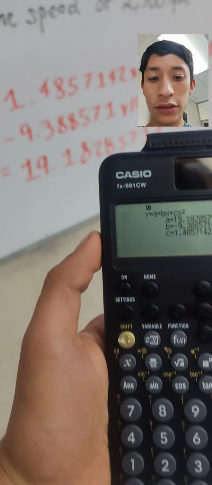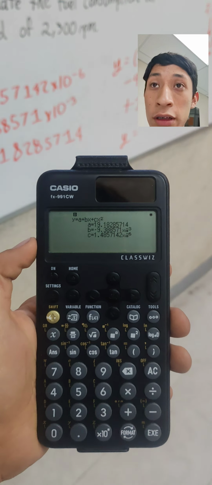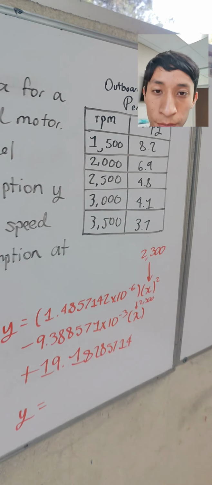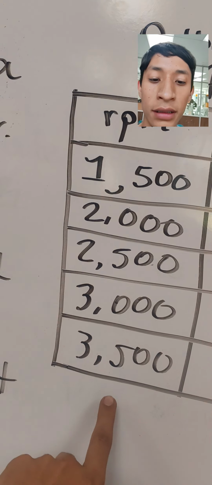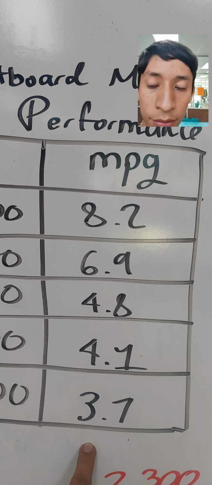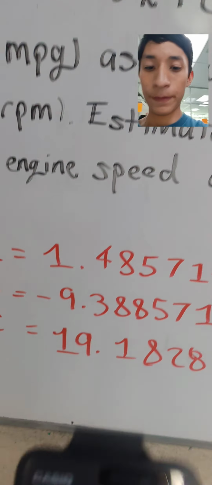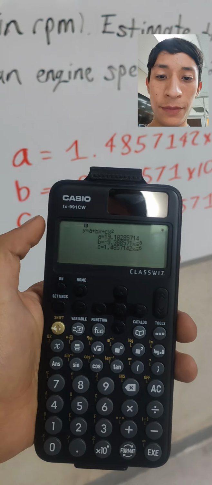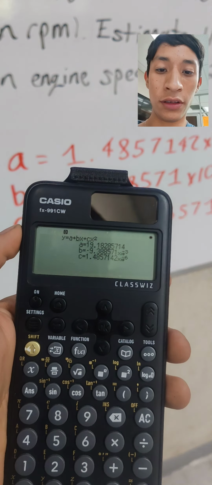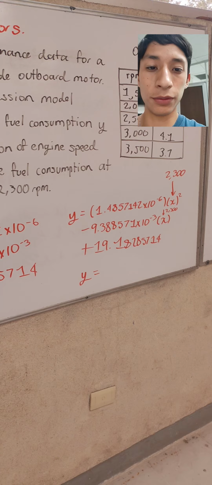And in my calculator, I use the function of quadratic regression. I only needed to put this because this is the independent variable and this is the dependent variable. It is stated right here. So the a, b, and c factors are those, and they're just there on the whiteboard.